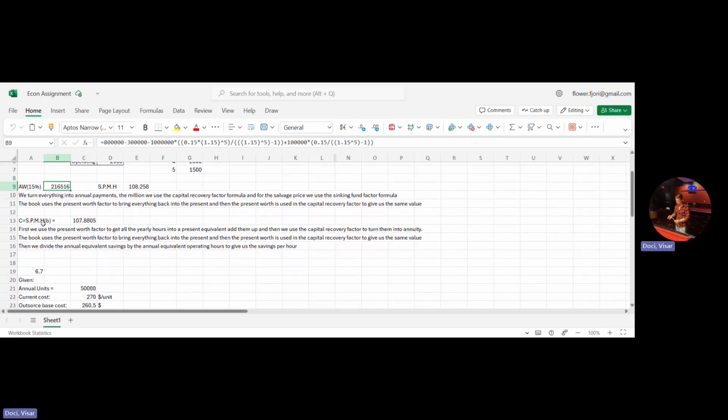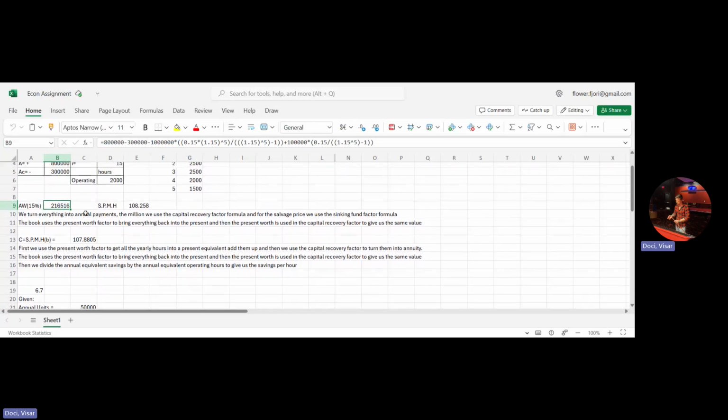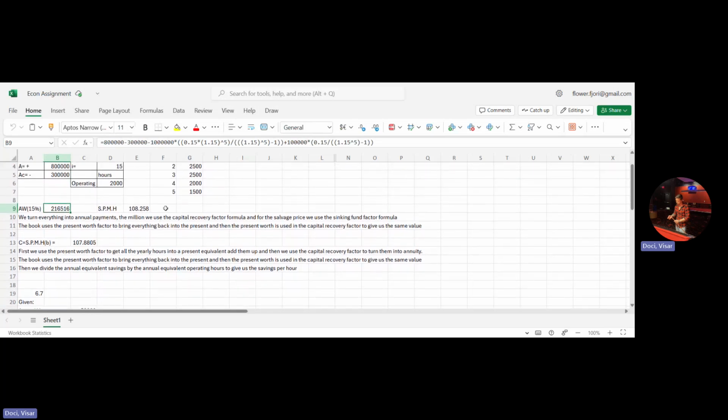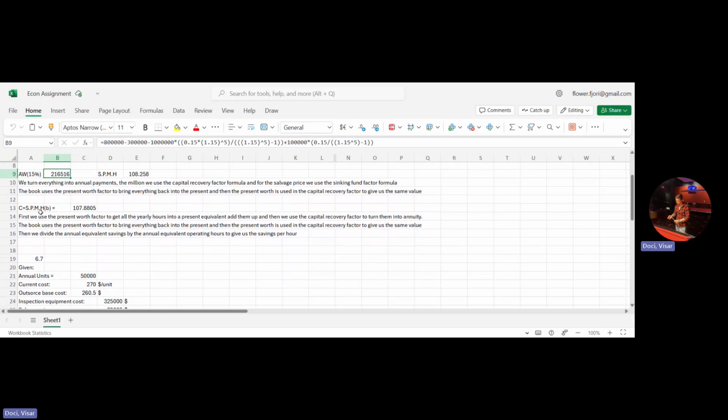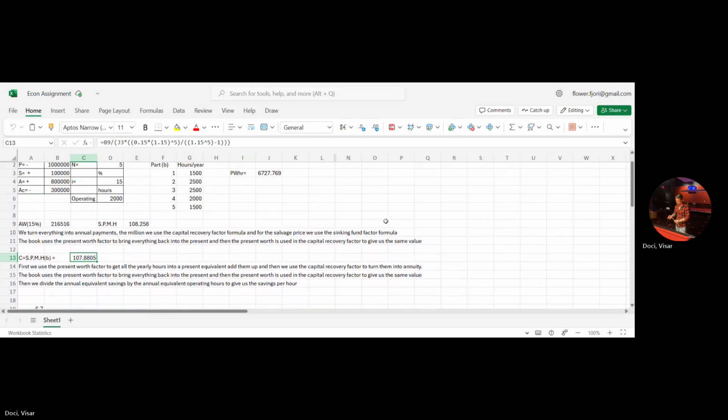And then, that's for part A. To get the savings per machine hour for part B, we use the present worth factor to get all the yearly hours into a present equivalent, add them up, and then use the capital recovery factor to turn them into an annuity.